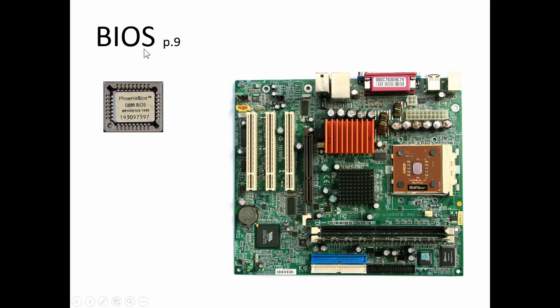BIOS stands for Basic Input Output System, and it controls the boot process on the computer. The BIOS chip located on the ROM chip controls the boot process of the computer.